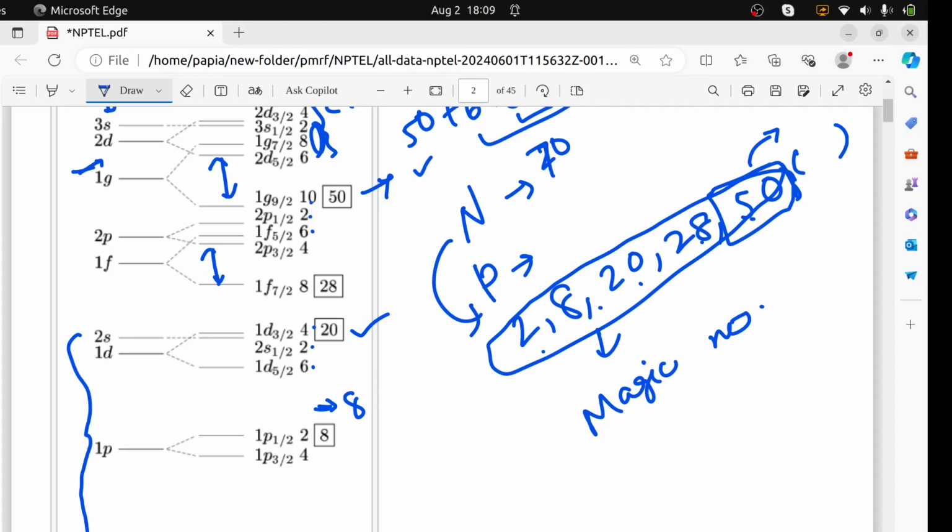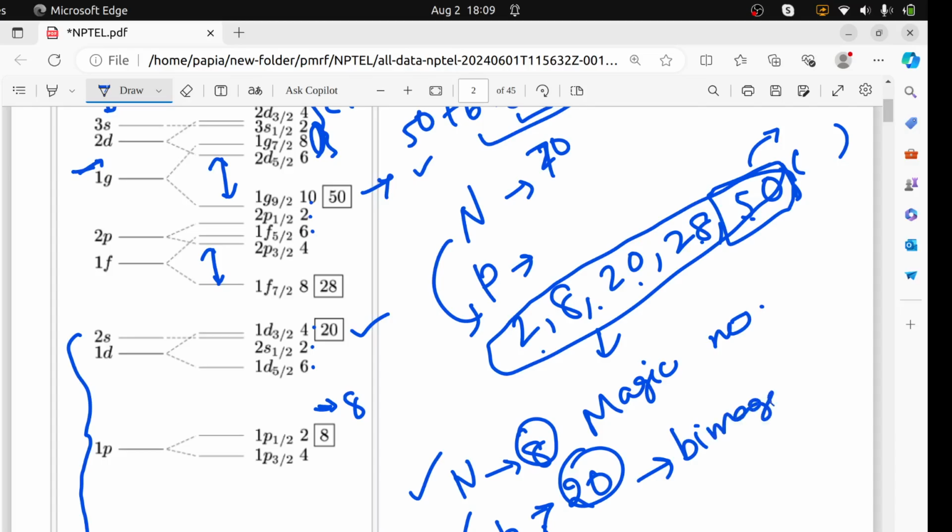Now there will be a question also about the bimagic number. A bimagic number is nothing but, let's say, in any nucleus, N is 8 and P is, let's say, 20. So this is a magic number, and this is also a magic number. For neutron and proton, both are magic numbers. That means it will give us a bimagic number.